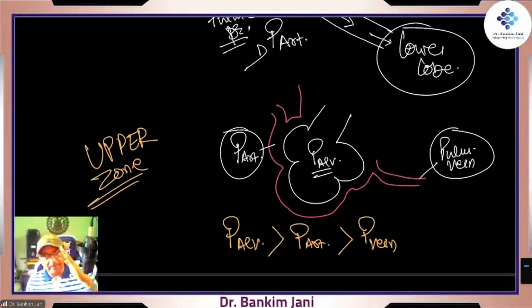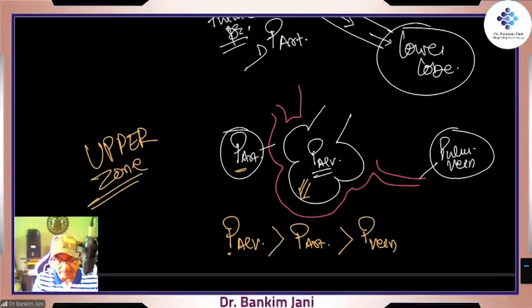Less blood is going, and the alveoli are having air. So the alveoli have the maximum pressure, the artery is low, and the pulmonary vein is still lower. This means that this particular pressure is low as compared to the alveolar pressure.